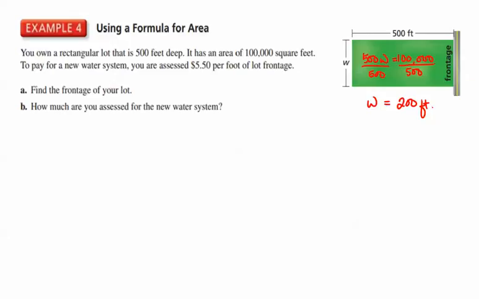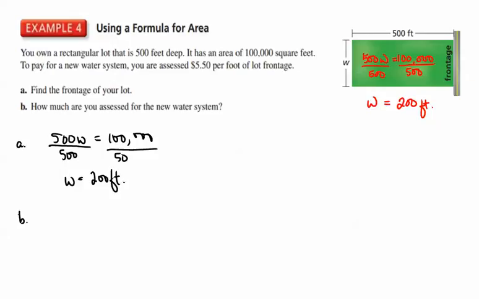So to answer question A, as we've already seen, we set up the equation 500W is 100,000. Then we divide by 500, and we end up with the width of your property, which is the frontage, is 200 feet. So that answers question A.